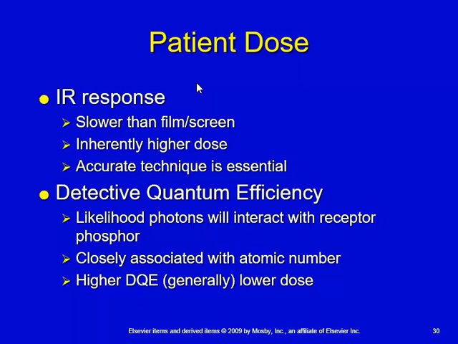You don't feed the receptor quite enough radiation, and you get a bad image. You feed it just a little bit too much, and you're okay.